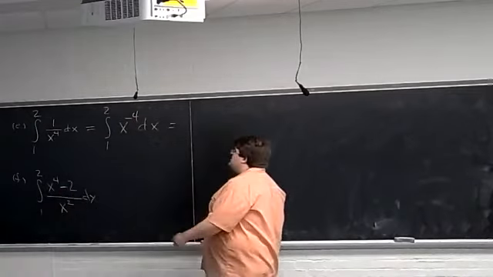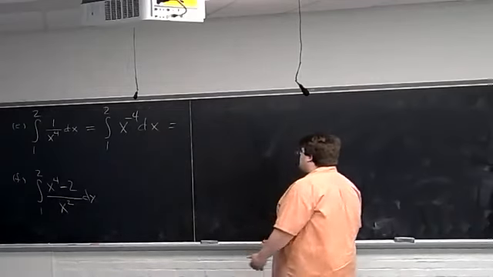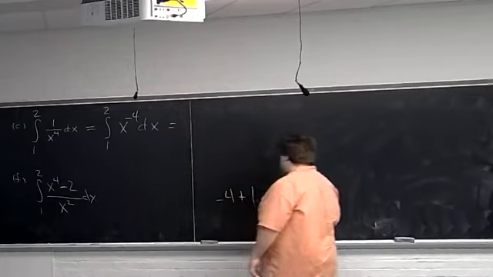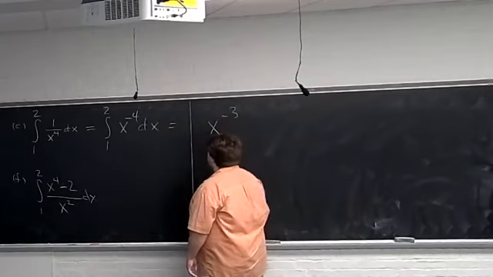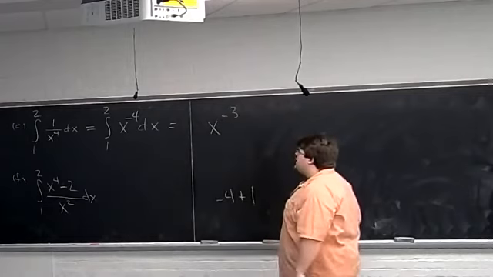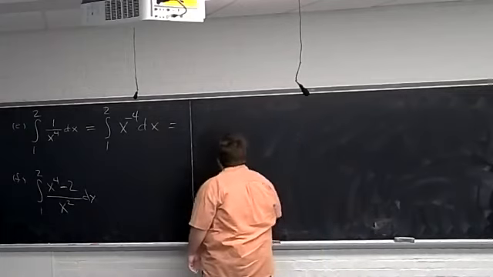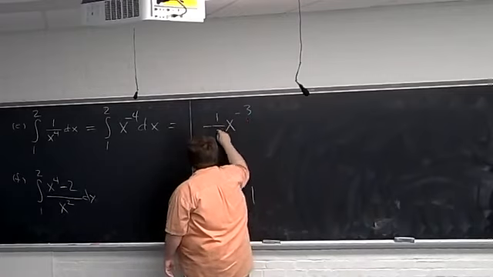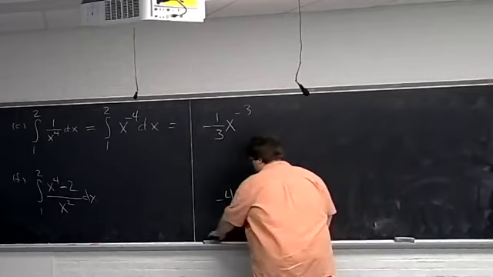Now, the power rule for antiderivatives applies. Negative 4 plus 1 is negative 3. Divide by negative 3. So we have negative 1/3 x to the negative third.